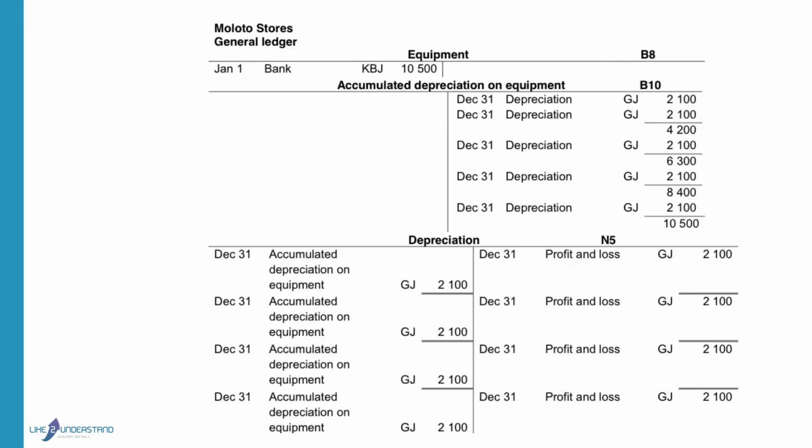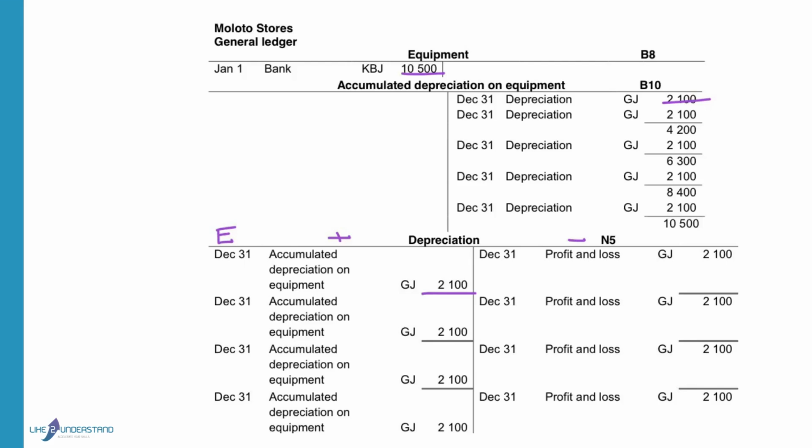If we look at the ledger account, on the 1st of January, we bought equipment for 10,500. The first year, we wrote off 2,100. So we debited depreciation, that is the expense. Expenses increase on the debit side and decrease on the credit side. I debit depreciation to show that I've got an expense, and I credit accumulated depreciation.